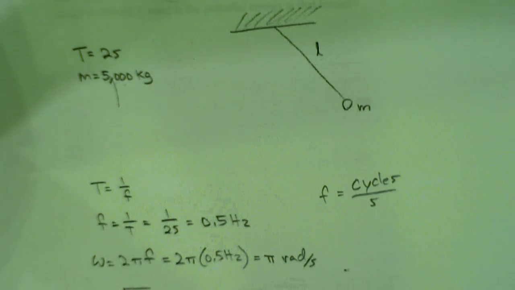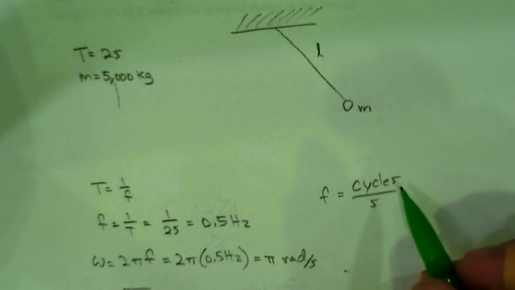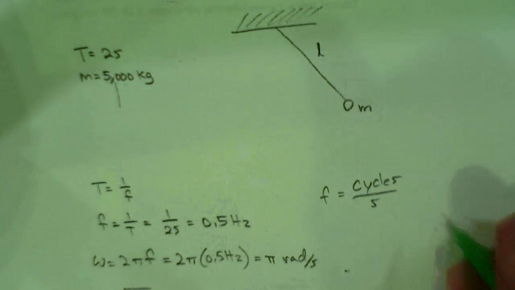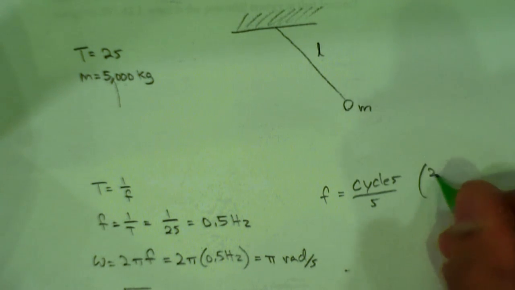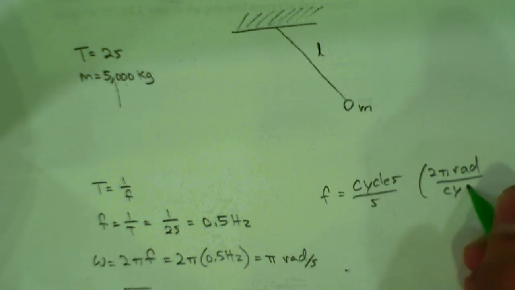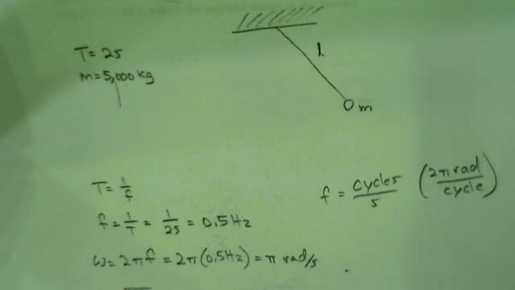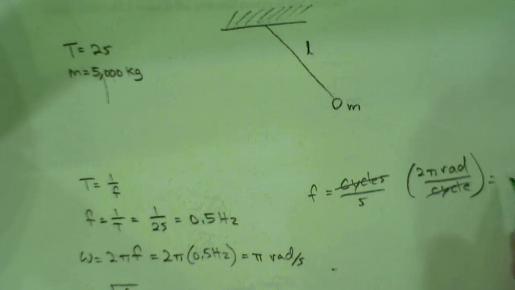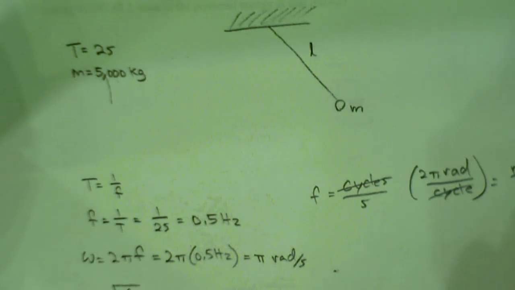So we need to figure out how many radians are in a cycle. So there's 2 pi radians in a cycle, right? So we have 2 pi radians per cycle. And then when we do this, the cycles cancel out, and you're given radians per second as the units. So 2 pi is your conversion factor.